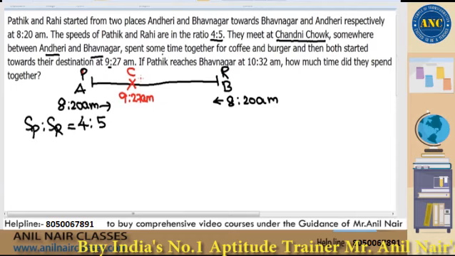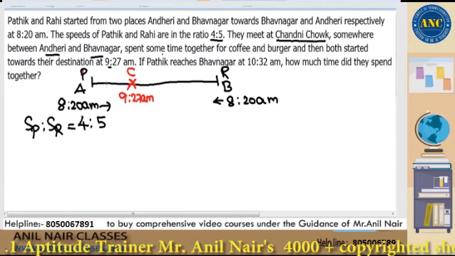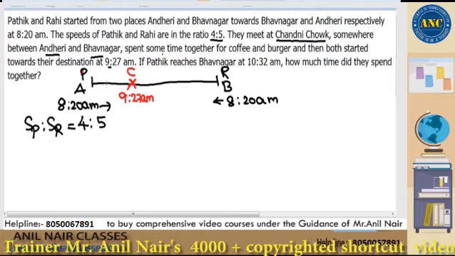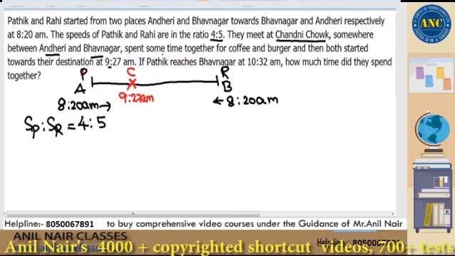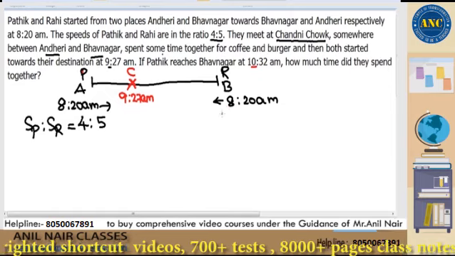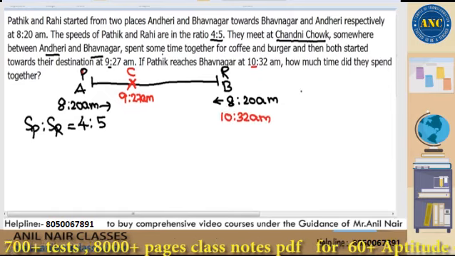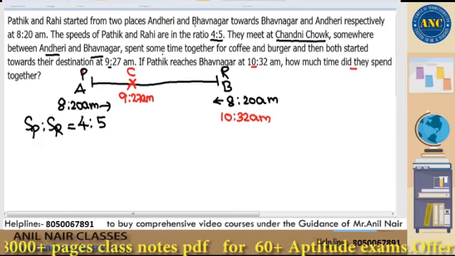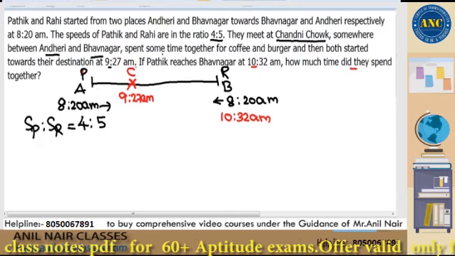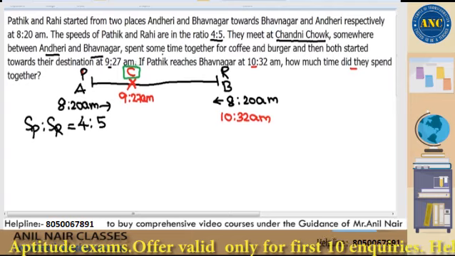Rahi will also start at 9:27 at point C to travel towards Andheri. That is the meaning of this. Now, the last statement is, Patik will reach Bhavnagar at 10:32 am. How much time did they spend together? That means at point C, how much time they both were there is the question. I hope the question is very, very clear.